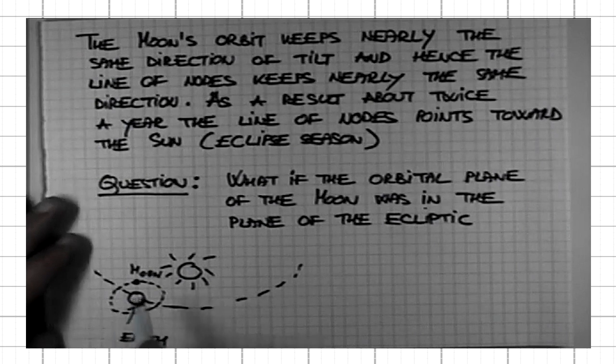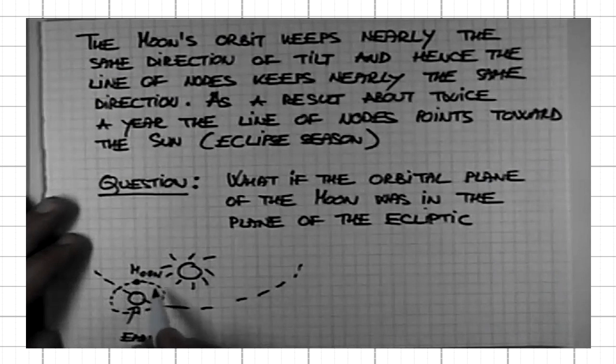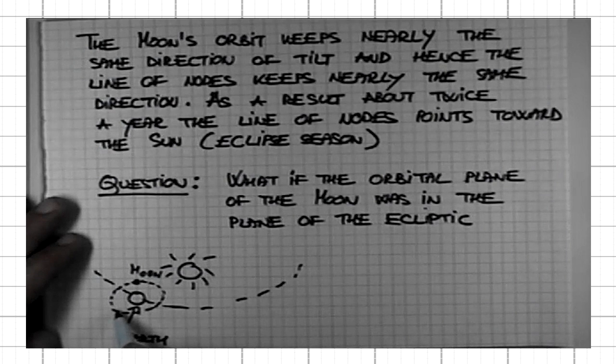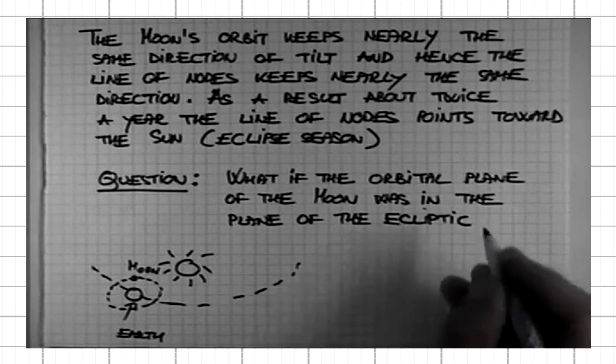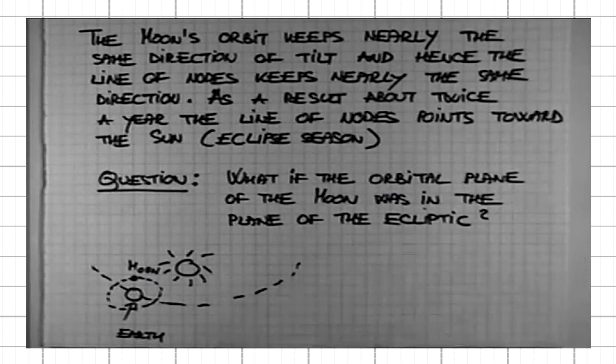Every month, when it's new moon, the moon would be located here. It would be casting shadow on the Earth. And 2 weeks later, the Earth would be casting shadow over the moon, and we would have a lunar eclipse. So if that was the case, we would have eclipses, both lunar and solar, every month.